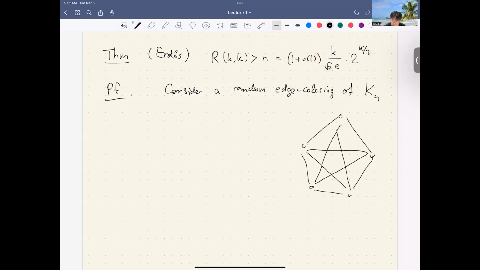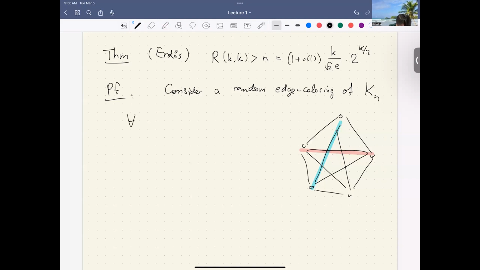We're going to color every edge randomly. So for this pair, I color it randomly. I flip a fair coin. If it's heads, I color it blue. And for another one, I flip a different coin, independent of the previous one. And if it's tails, I color it red. So every edge gets a color with the same probability, red or blue, and it has nothing to do with other edges, independent of everyone. So it's an independent trial of coin flipping.